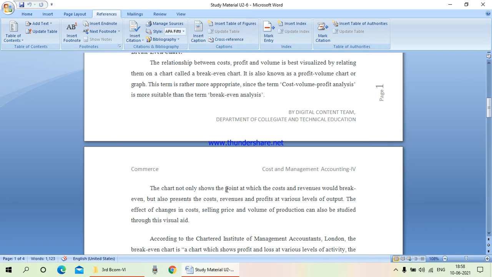The effect of changes in costs, selling price and volume of production can also be studied through this visual aid.